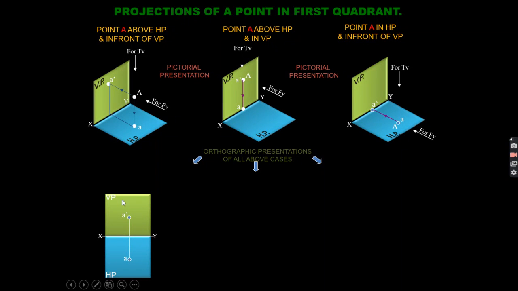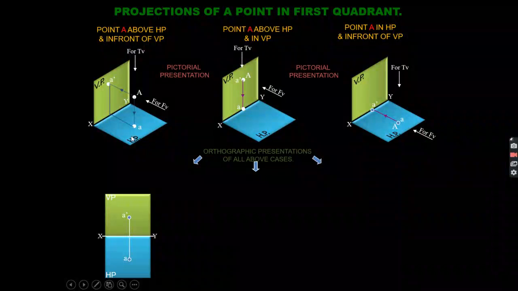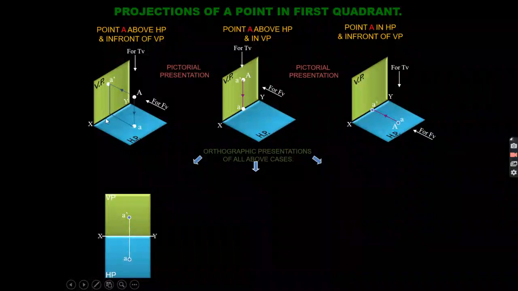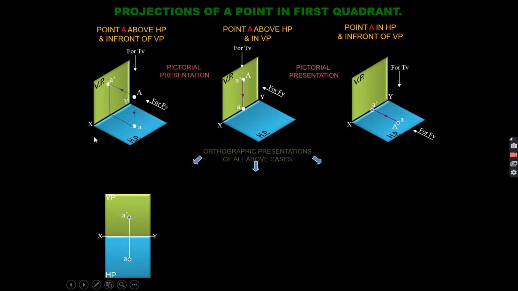Okay, this is your vertical plane and this is your horizontal plane. So always remember that your vertical plane will be standing like this only, it will not move. Then you always have to move the horizontal plane and profile plane. Whenever you are rotating the horizontal plane, remember that the horizontal plane always moves in the clockwise direction. So if it is moving in the clockwise direction, then the horizontal plane will be at the bottom of the vertical plane.